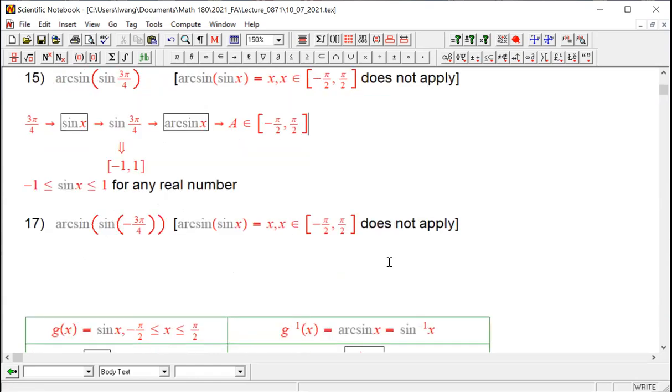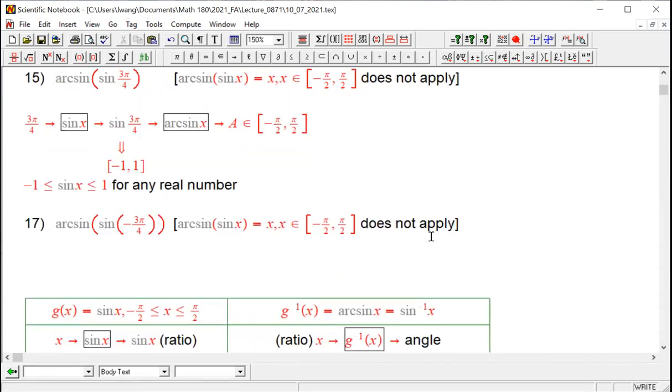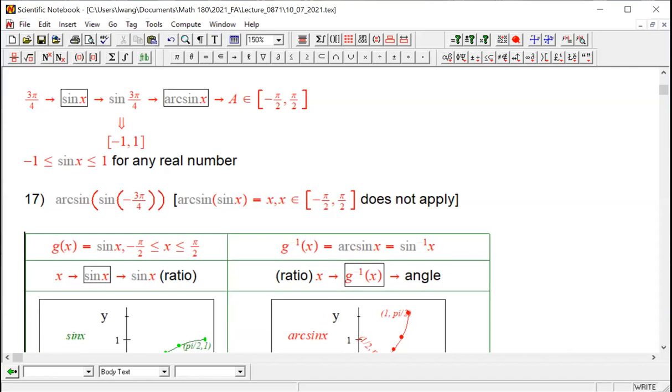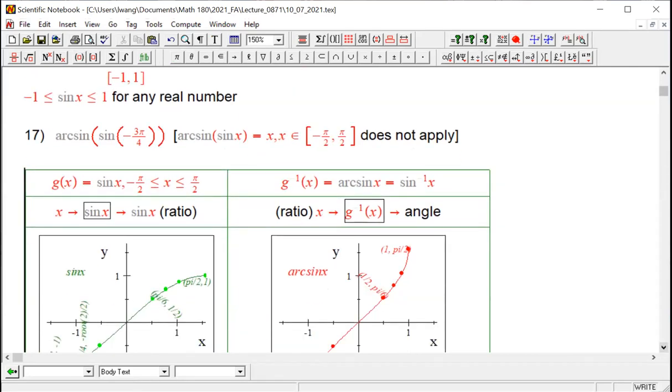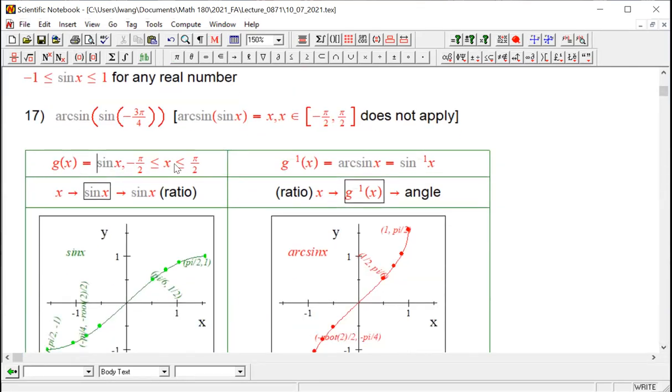We talk about these two functions, right? Sine, whether you have a restraint on the domain or not, the inputs are angles. The output is a ratio. ArcSine takes a ratio as input, angle as output, but the ratio cannot be any ratio.